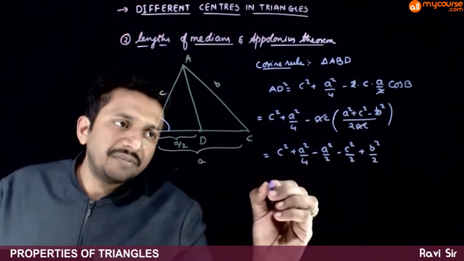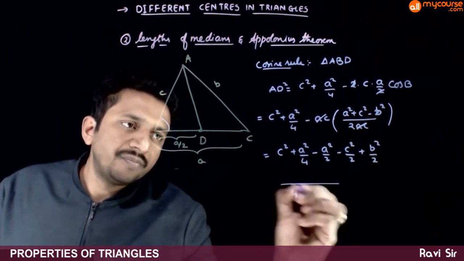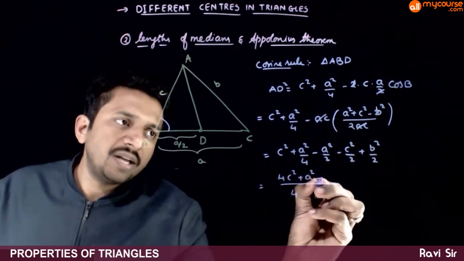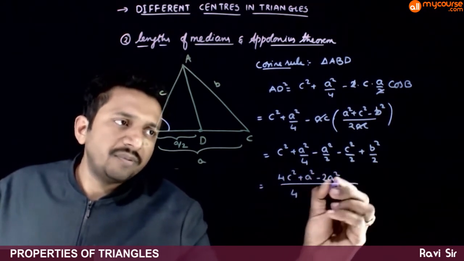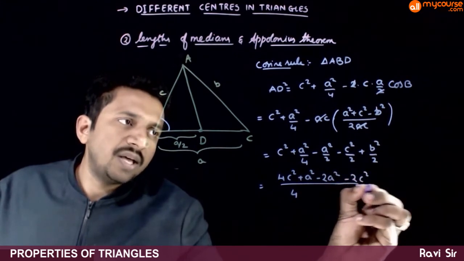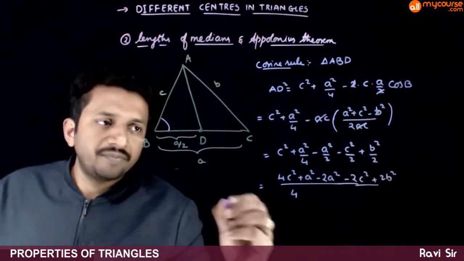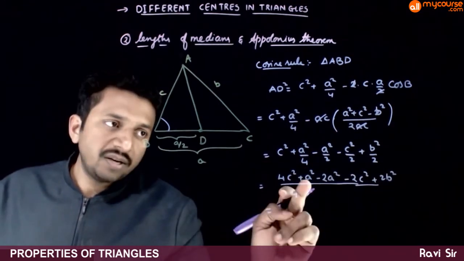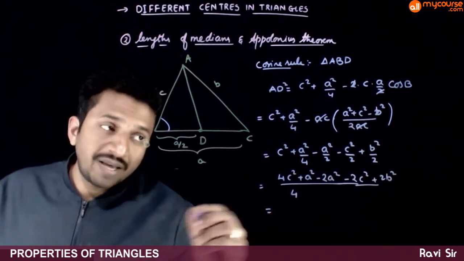If I take the LCM here, the LCM is 4. So we have 4c square plus a square minus 2a square minus 2c square plus 2b square. That is equal to: 4c square minus 2c square is 2c square, a square minus 2a square is minus a square.